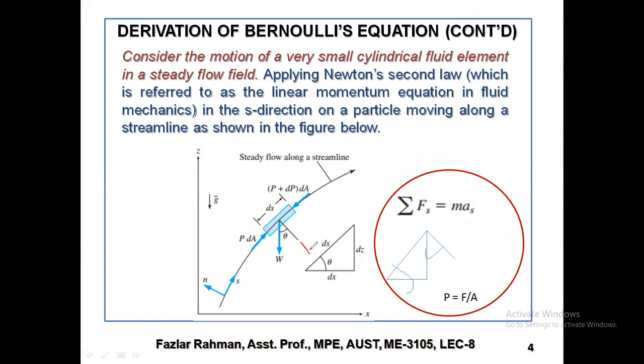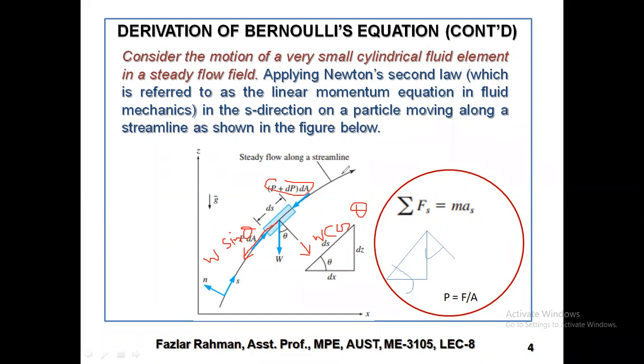One component works along this direction, the other component along this direction. So this will be W sin theta, and along this direction W cos theta, right? So this W sin theta tries to pull it down. Okay. So these three forces, P into dA, P plus dP into dA, and W sin theta, are working along the streamline.